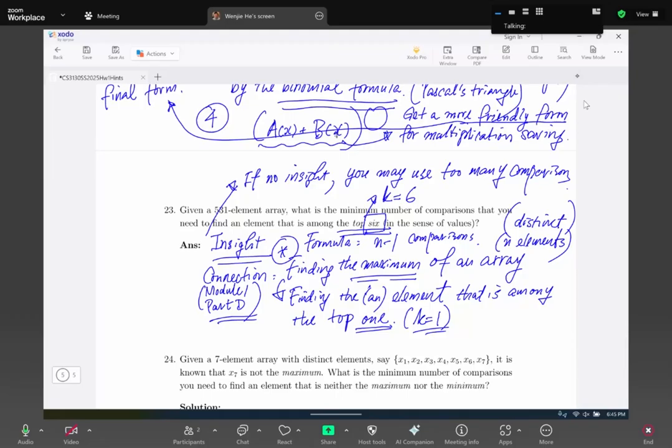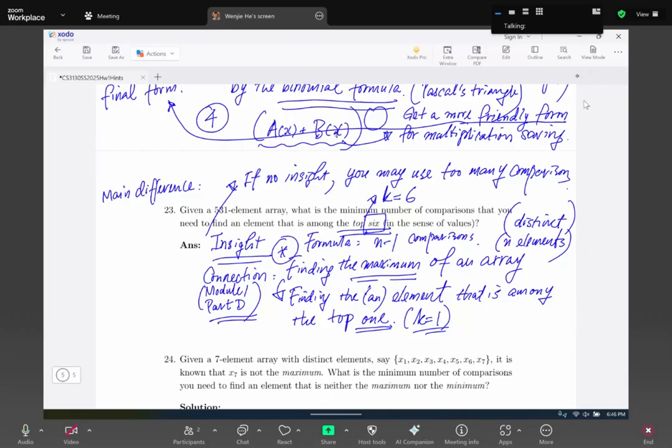So what's the difference between top 1 and top 6? What's the main difference? So here we need to consider the main difference between these two versions. Okay, all right, so that number.